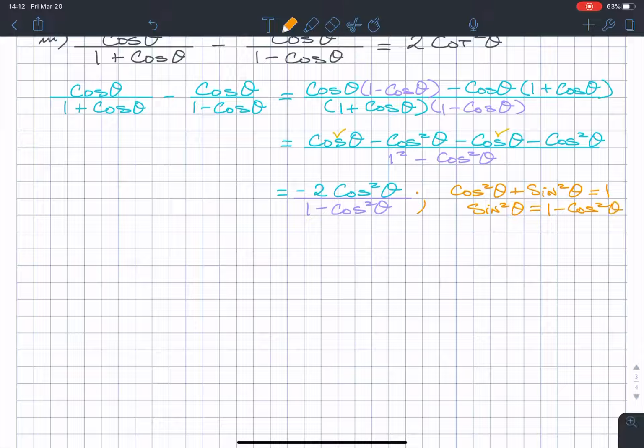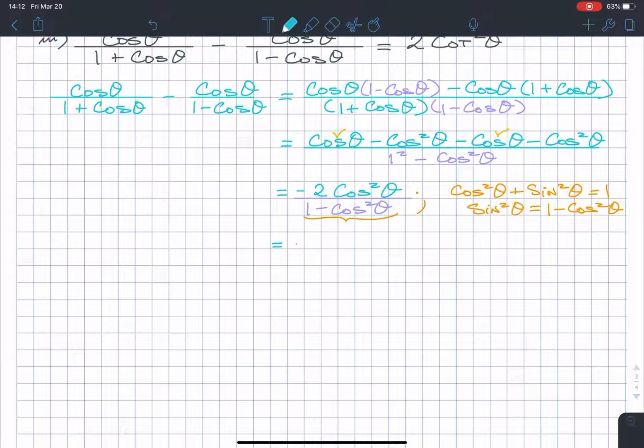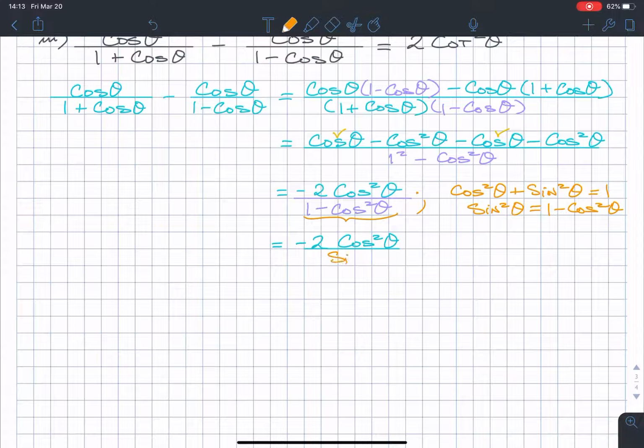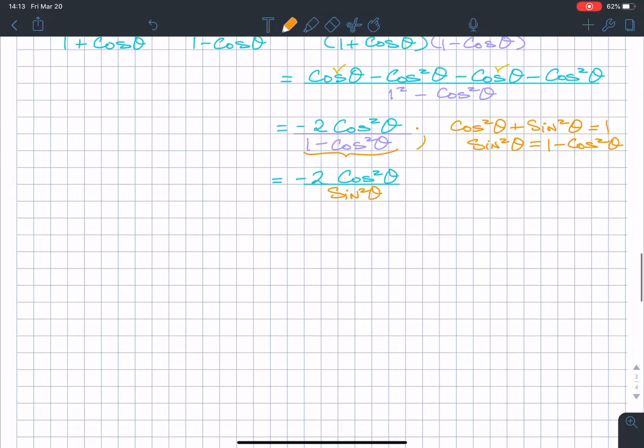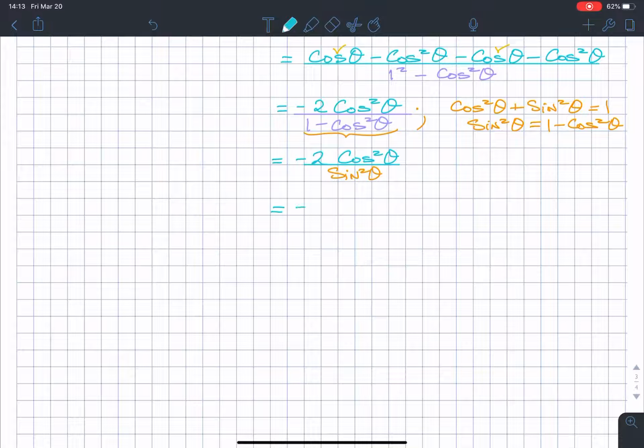So I can replace the denominator here with sine squared theta. So I have negative 2 cosine squared theta divided by sine squared theta. Well, cosine over sine is cotangent, so this is negative 2 cotangent squared theta.